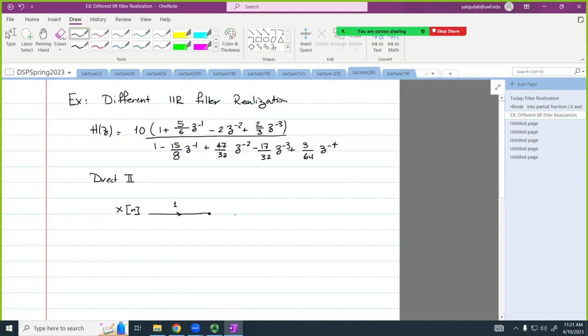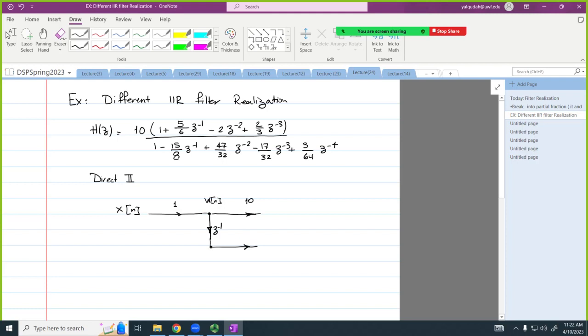So we're going to have a 1. This is going to be w of n. This is going to be a 10. Then we're going to have a delay that we represent by z to the negative 1. Then we're going to have multiplication.